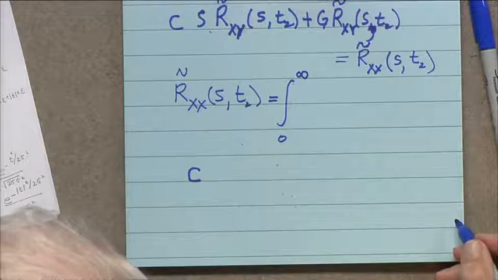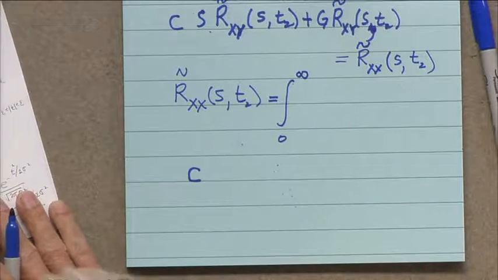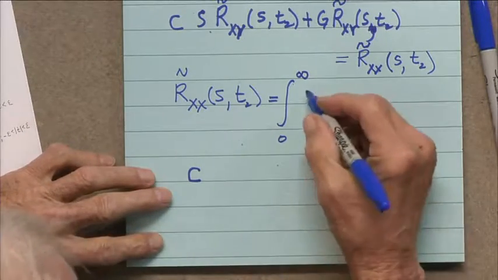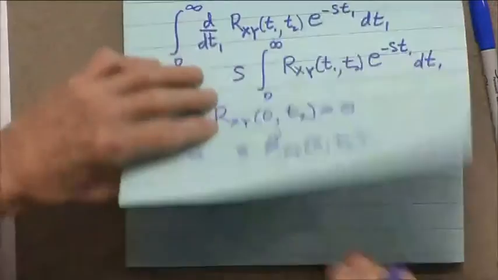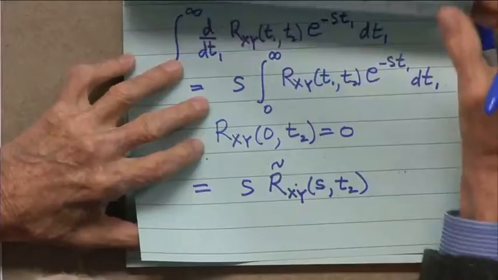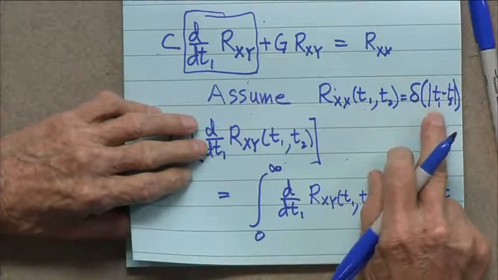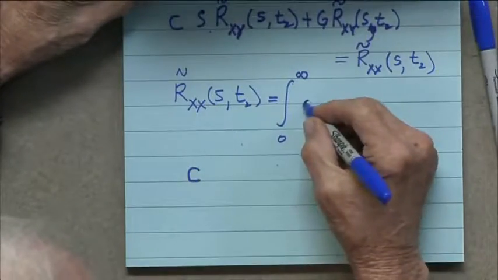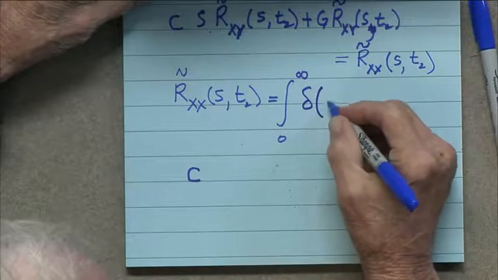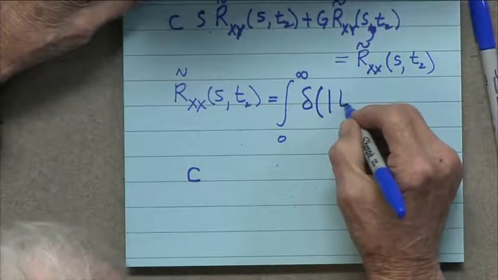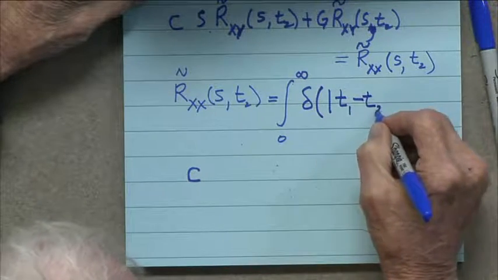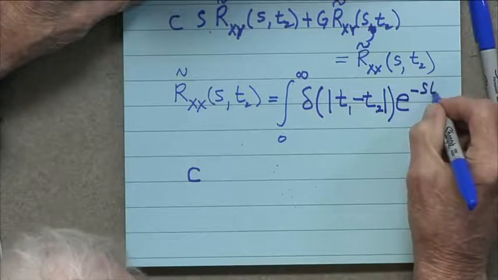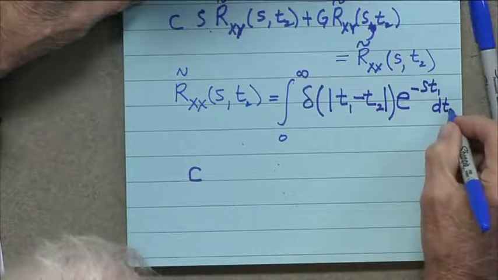And we know that this thing here, delta T1 minus T2, e to the minus S T1 dt1.